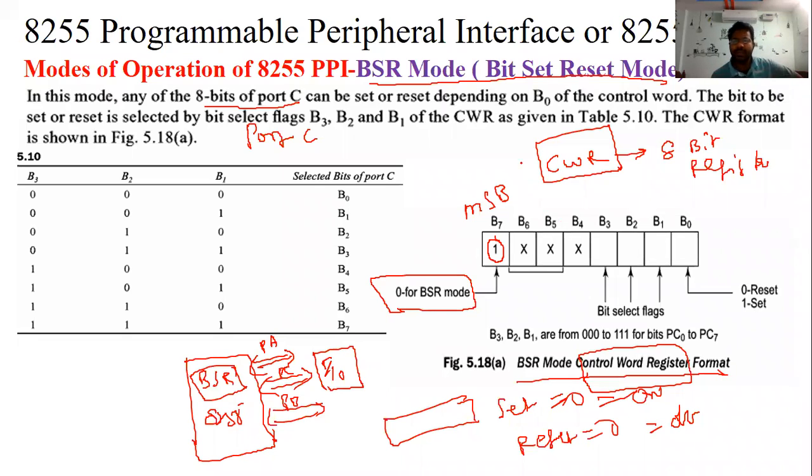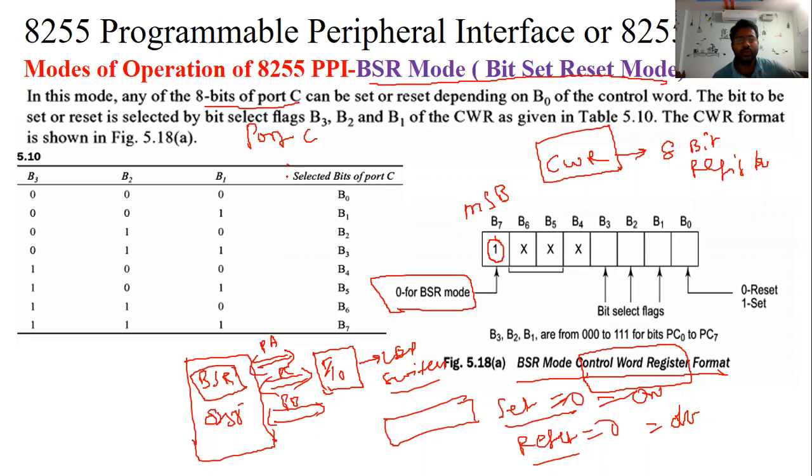You just simply set and reset information, just simply on and off. Set means on, reset means off. Simply on and off of the input output device, like some LEDs, some switches. For that purpose, we are using this BSR mode.